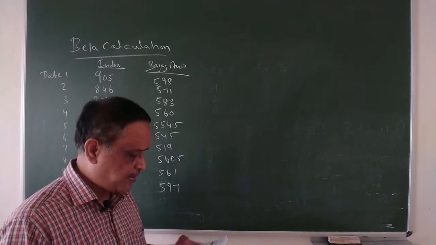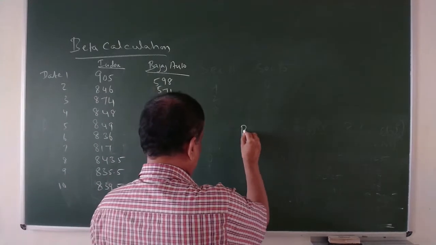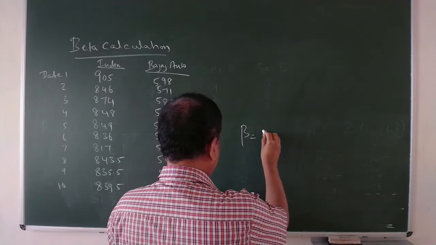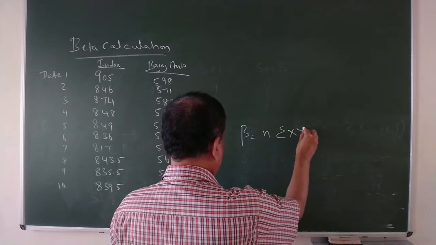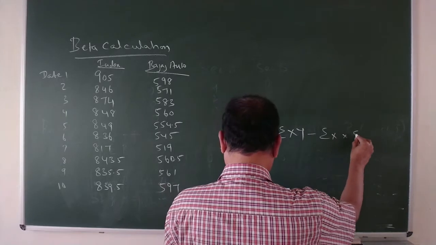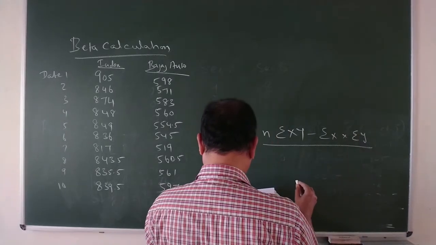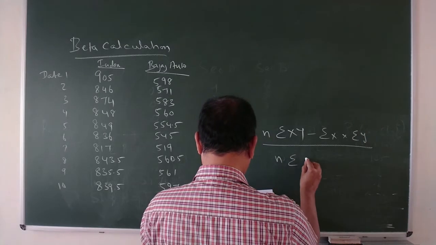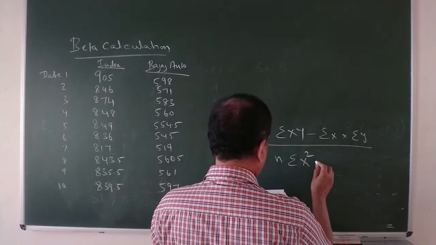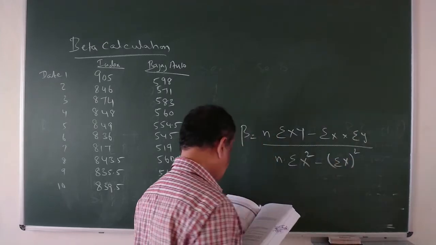So, the formula for beta is, let me write it down, beta equals n sigma xy minus sigma x into sigma y divided by n sigma x square minus sigma x whole square.